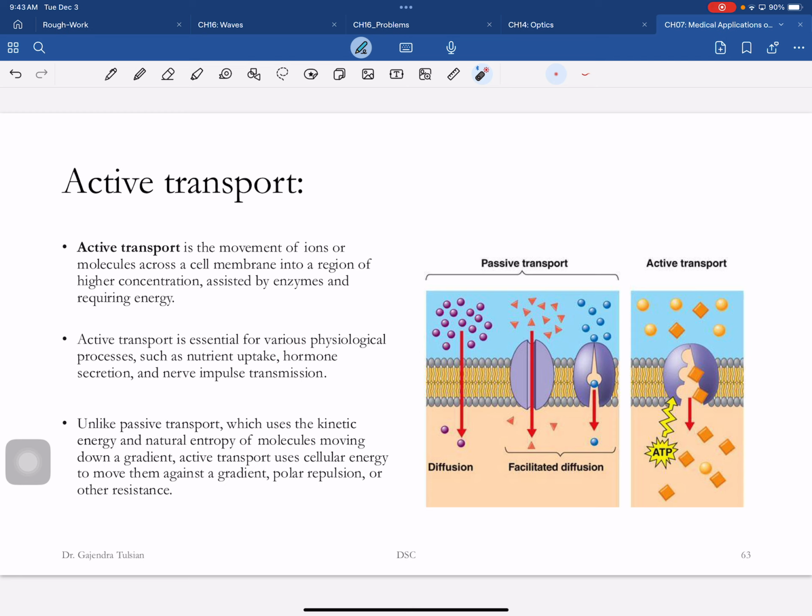Passive transport uses kinetic energy and natural entropy of molecules moving down a gradient. Active transport uses cellular energy. So active transport, you're moving against a concentration gradient and you're using energy.